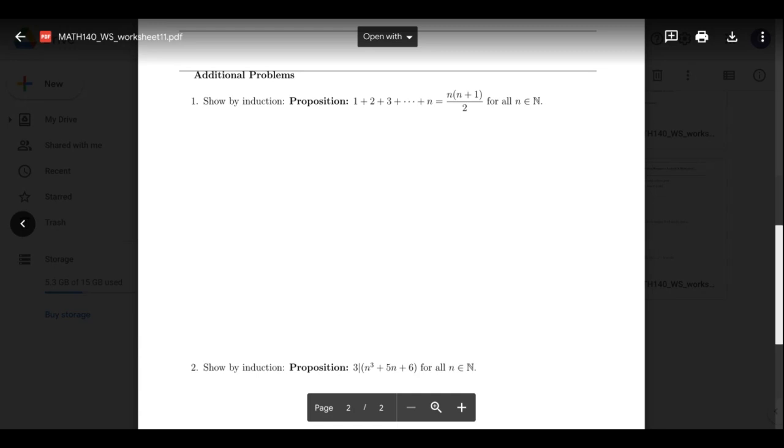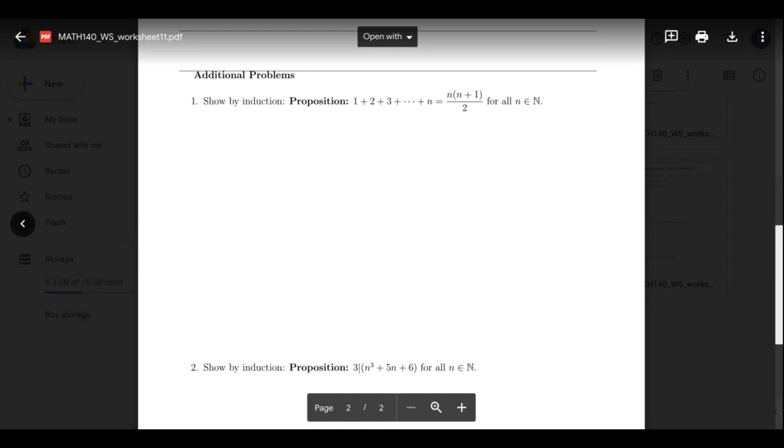all right, let me write P of n for you. P of n is this: 2 raised to 0, 2 raised to 1, plus and so on, plus 2 raised to, let me use parentheses, n minus 1 equals 2 raised to n.